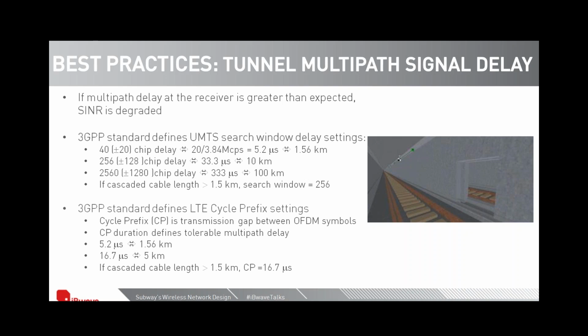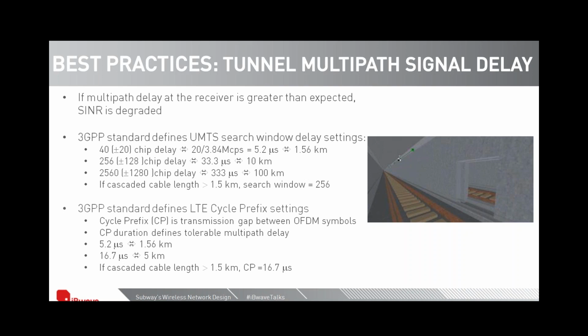If you have propagation through air, that is equivalent to a multipath difference of 1.56 kilometers. The second setting is 256 chip delays, which is equivalent to a multipath difference of 10 kilometers, and the last one is 2,560, which is equivalent to a multipath difference of 100 kilometers.